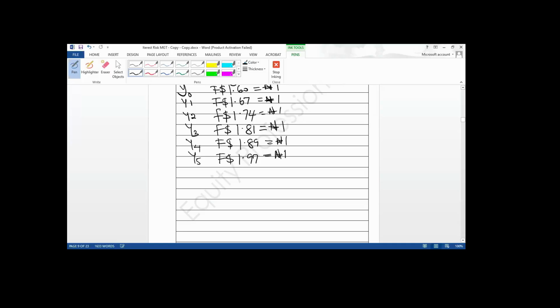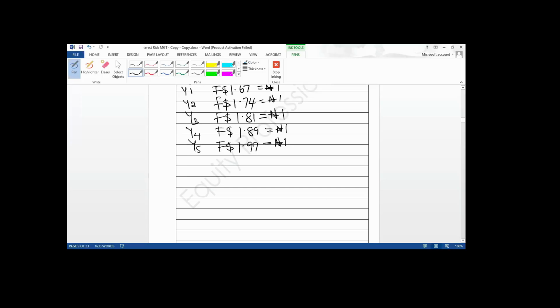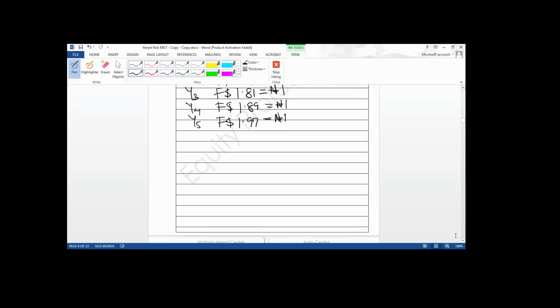Now let us determine the cash flows. For this project, annual sales is 110,000 units.